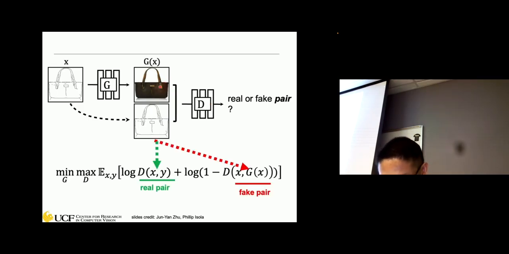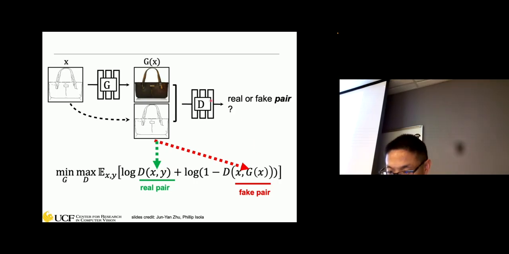In the formulation, we have the generated image, and we also have the corresponding label. So this is our desired output that fits the condition, and this is the generator objective. You can generate an image, but it could be any image that does not fit the condition.